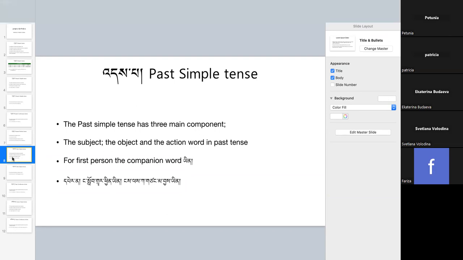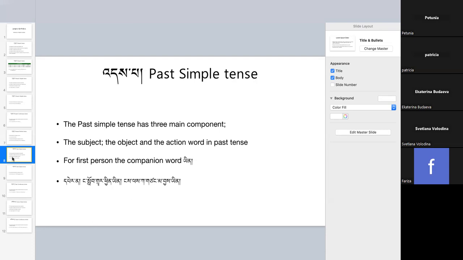The only difference is the spelling of the action word here. That is, if you were saying chekiye, it will be cheyin. So we have the variation in the companion word and the action word.